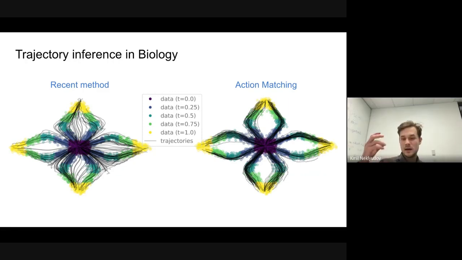So I don't discuss it here because it would be too dense. But we have several versions of the same algorithm, and I described the deterministic version, which is just to convey the general idea of the framework. But we also have another version which is stochastic. So instead, we want to find an SDE that does the same, and there you can control the stochasticity.